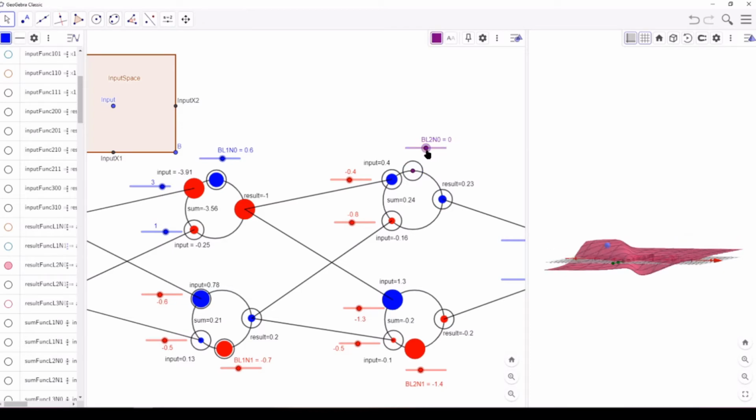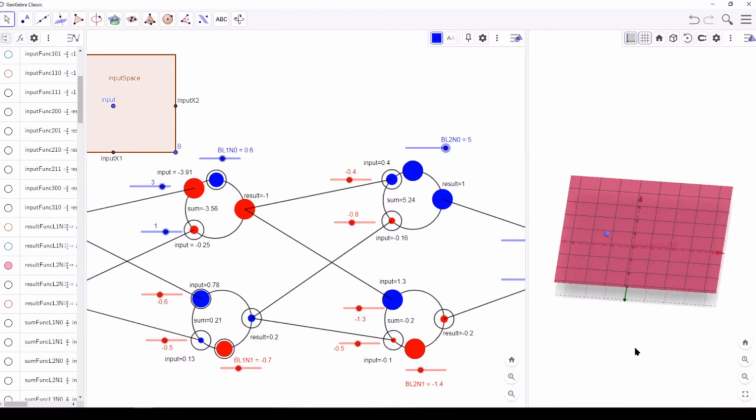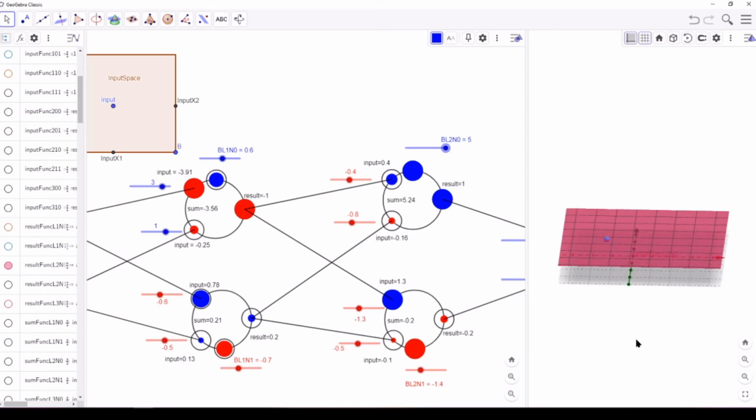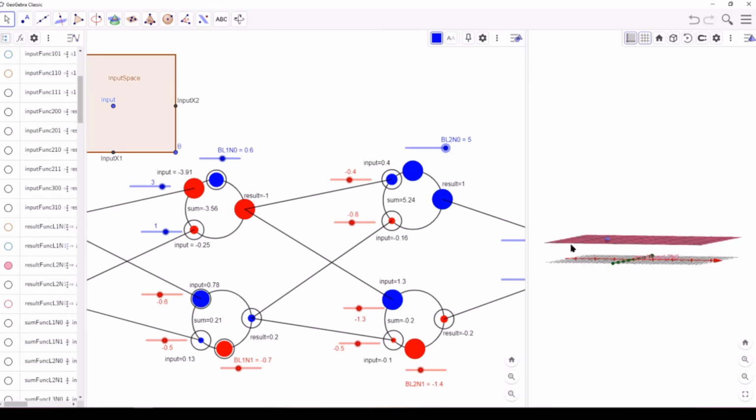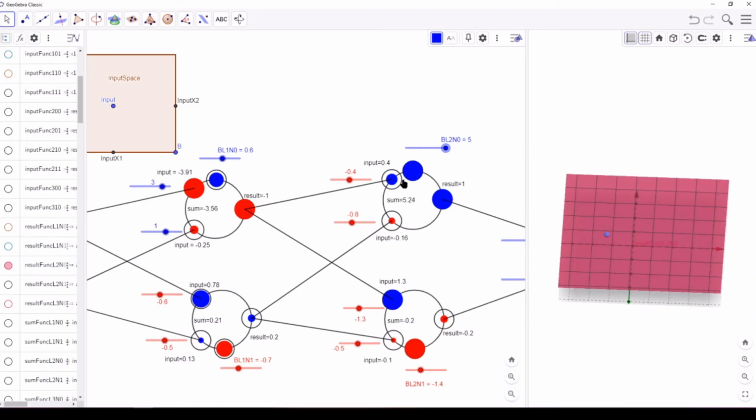But not exactly, because here we can see if we have a lot of bias, then it's just a flat plane, because the sum is sent through the activation function.